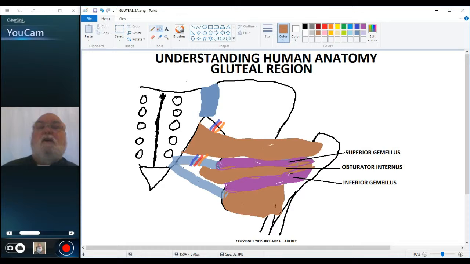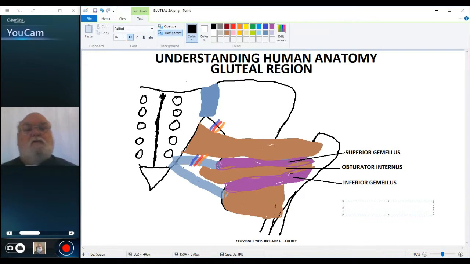The quadratus femoris is also a lateral rotator.